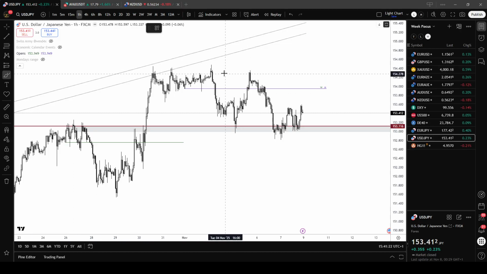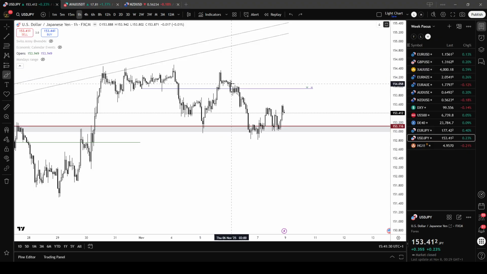That bounce, however, got stuck at the Tuesday highs, and it broke below the monthly open, and it's now trading at these lows again.